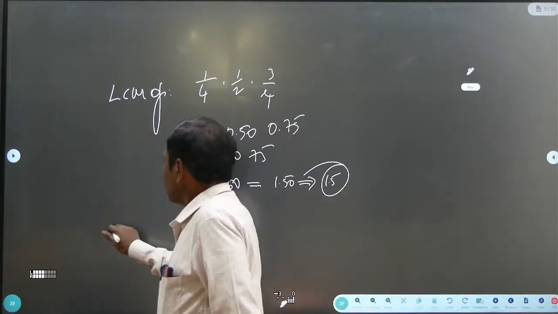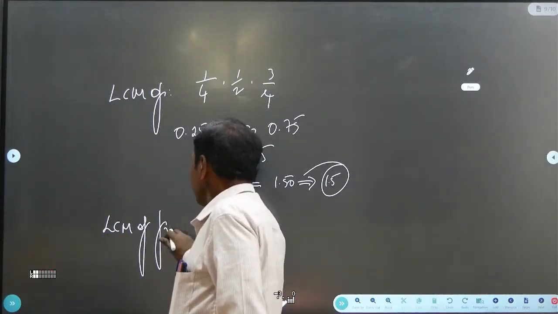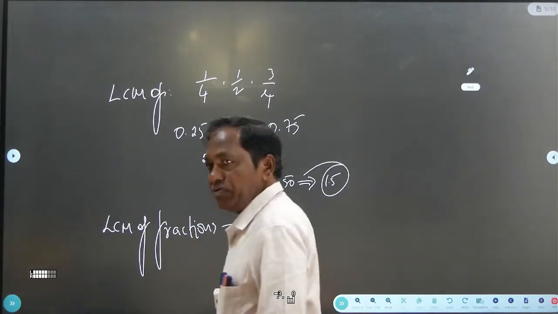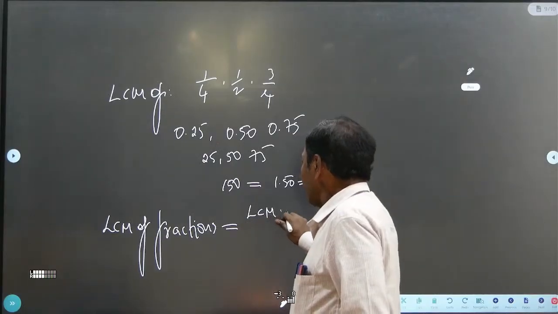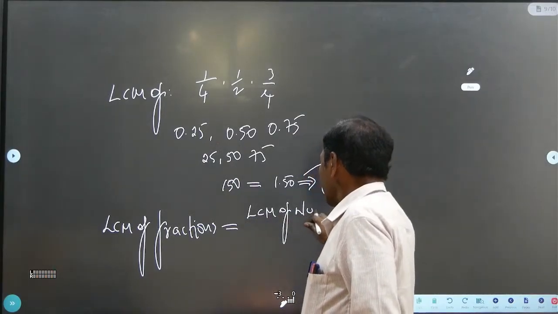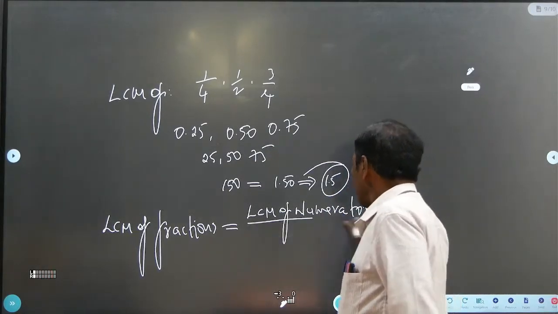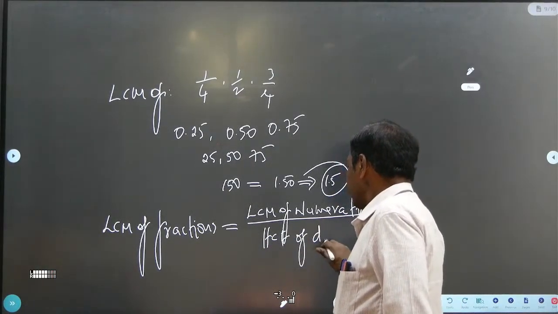Where LCM of fractions is equal to LCM of numerators by HCF of denominators.